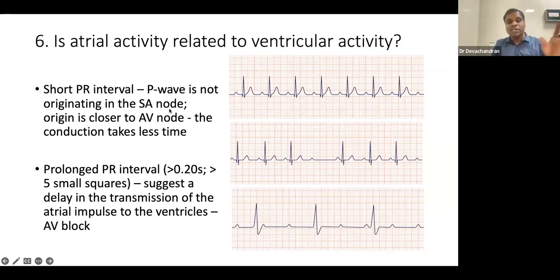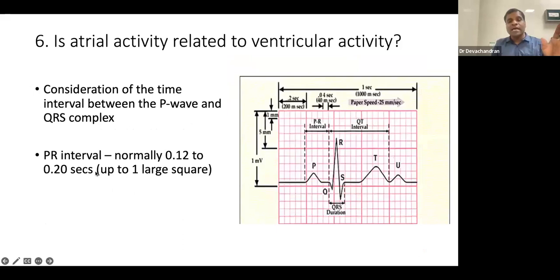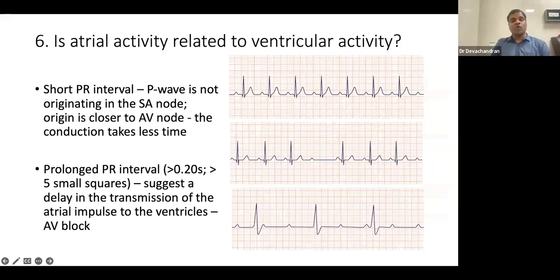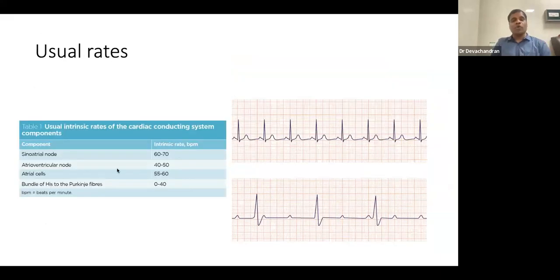That means there is some other pathway going on which is conducting the electrical activity really fast. So PR interval normally 0.2 seconds or one large square. If it is beyond that, then there is some problem in conduction, some delay in conduction. It's AV block. Okay. All right. So those are the 6 questions.